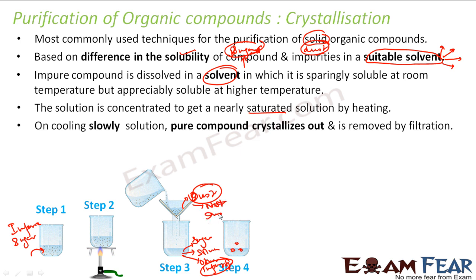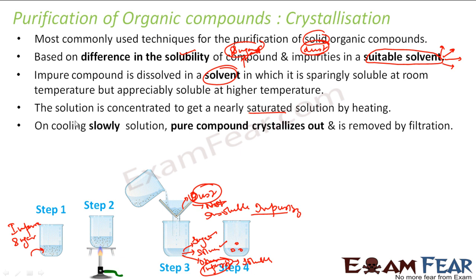So insoluble impurity you can filter directly with the filter paper, correct? And this will have soluble impurity. So when you filter, you have sugar, you have solvent, you have soluble impurity.